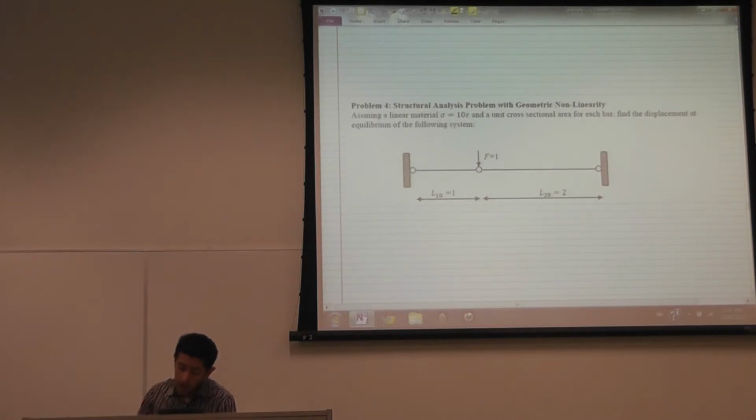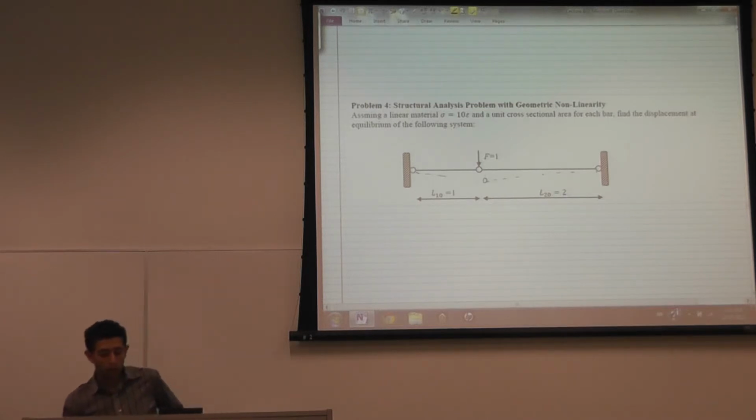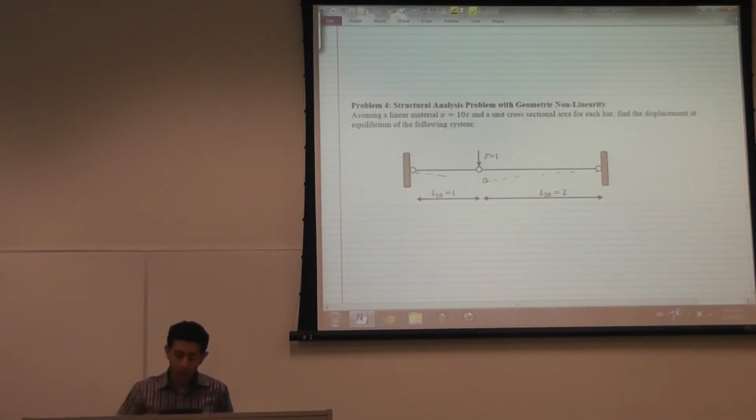It's a non-linear problem because it's geometric nonlinearity: the final solution will depend on the solution itself, since the stiffness matrix is nonlinear.